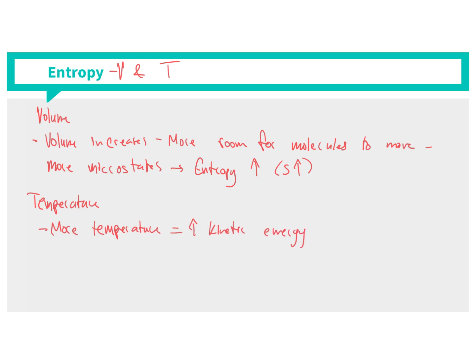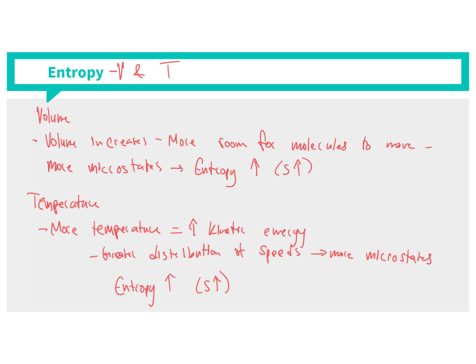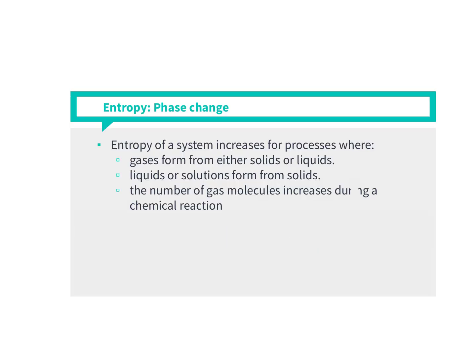If you have more kinetic energy, that means that your molecules have a greater distribution of speeds, and so there are more microstates. What that essentially means is entropy goes up, or in other words, S will go up. So if you increase volume, your entropy goes up. If you increase temperature, your entropy goes up. Phase changes will also increase your entropy.